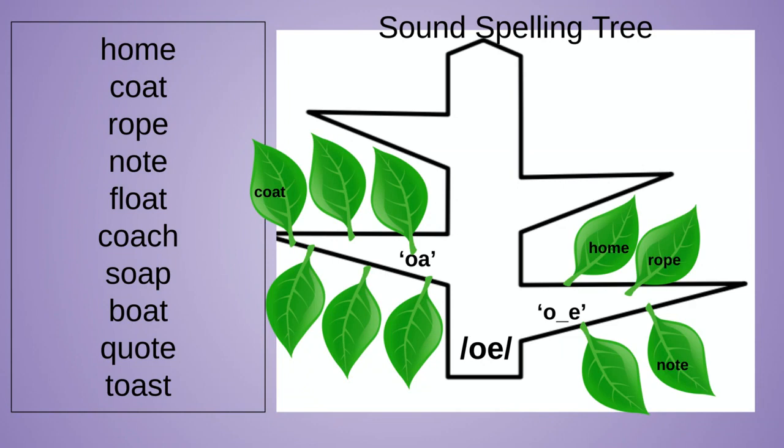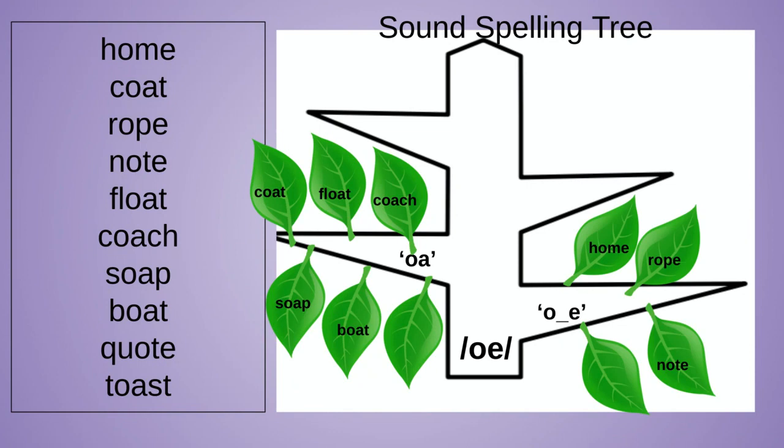Float. You're right, it would go on the OA branch. What about coach? The OA branch. What about the word soap? You're right again, the OA branch. What about the word boat?